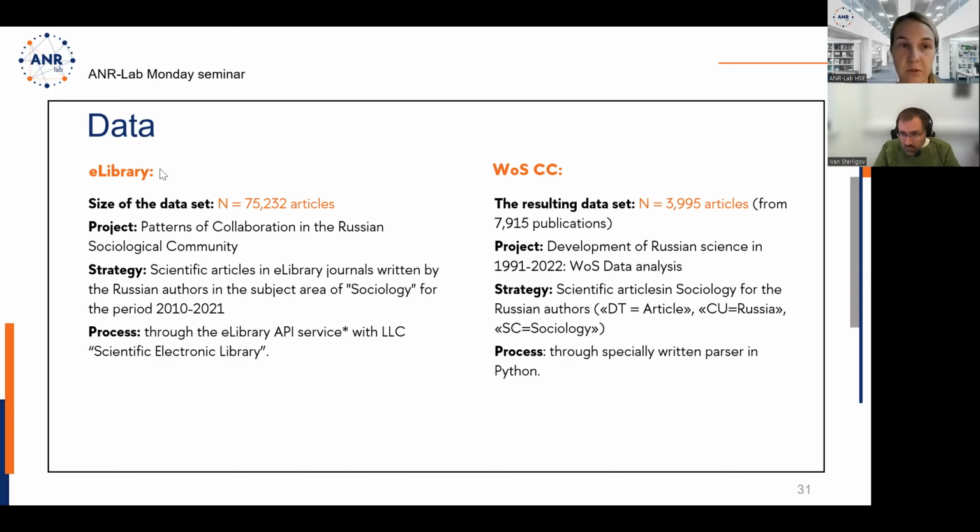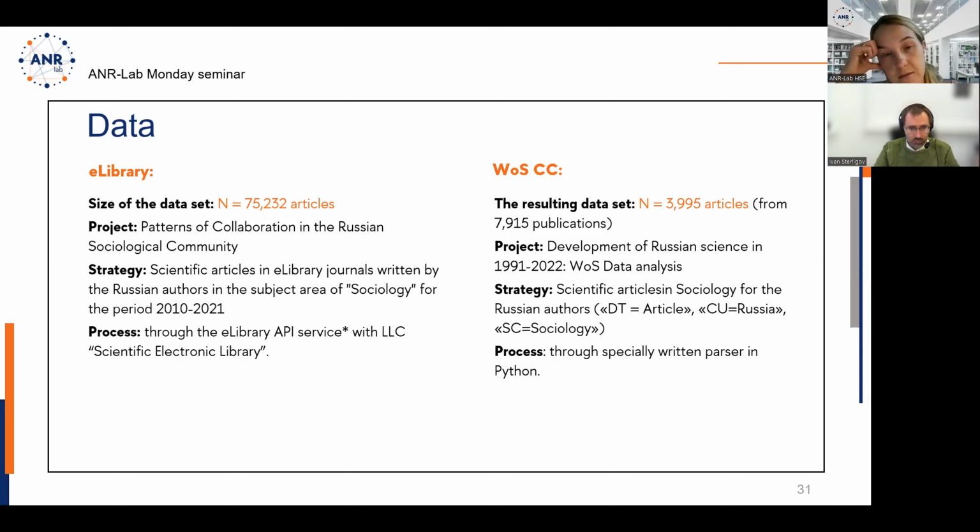And then out of these 8,000 publications, we cut the time period that we needed. Because in the eLibrary project, we were looking at the publications from 2010 to 2021, so we had this time coverage for our publications. That's why we decided to have the same time period, and it resulted in this amount of articles, 4,000 articles.